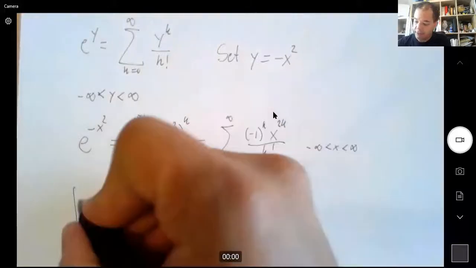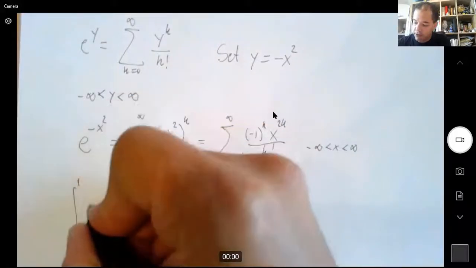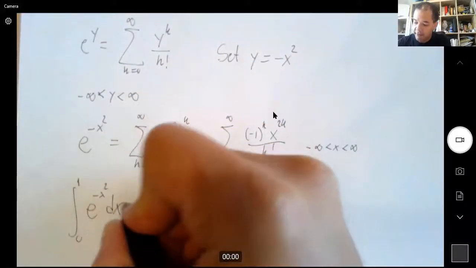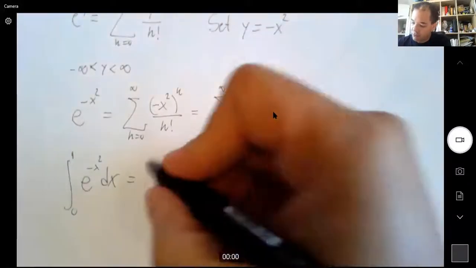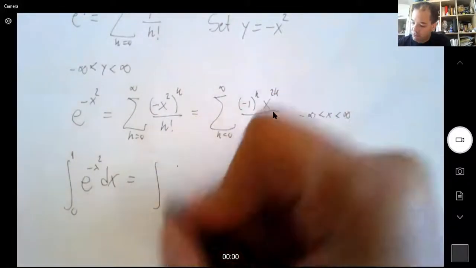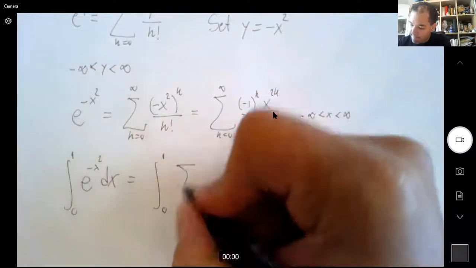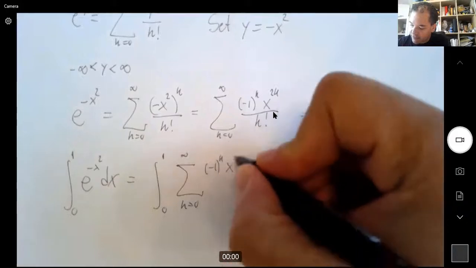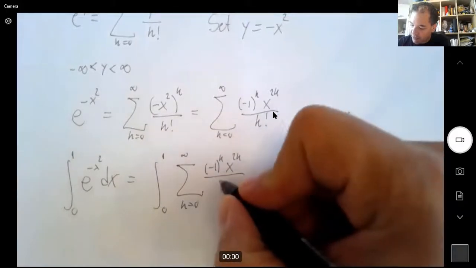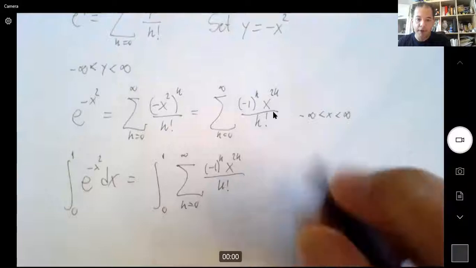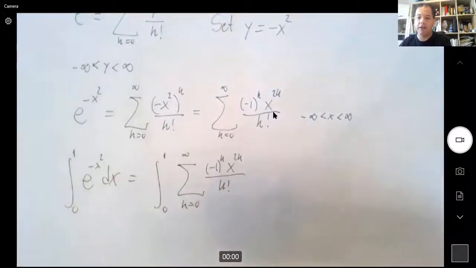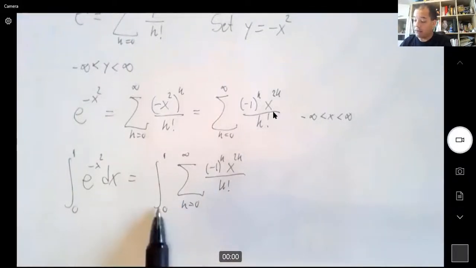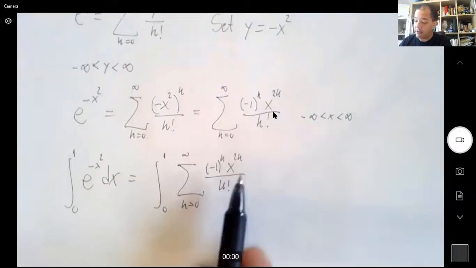So here we go. We want to integrate from 0 to 1 e to the negative x squared. To do that, we need to integrate this power series from 0 to 1. It looks scary because the expression has the integral and the sigma for the sum, but it's nothing extraordinarily difficult. Here's where we use the fact that we can integrate by integrating term by term.